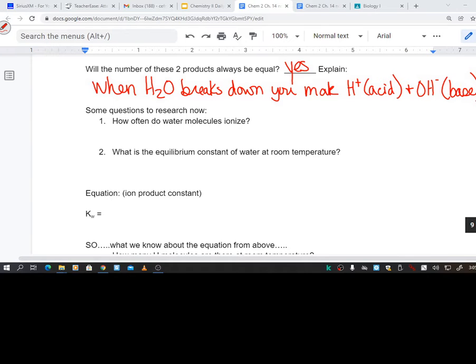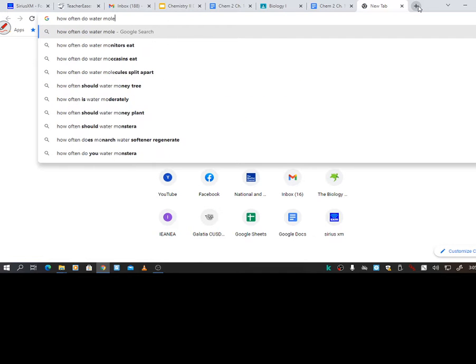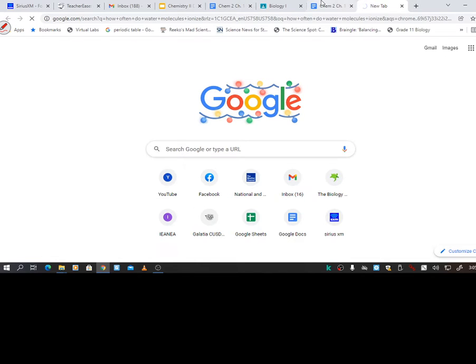Some questions to research right now. I'm going to have them get their computers out and look up how often water molecules ionize. I'm going to do that on my computer right now so you can see what the answer would be. So how often do water molecules ionize?